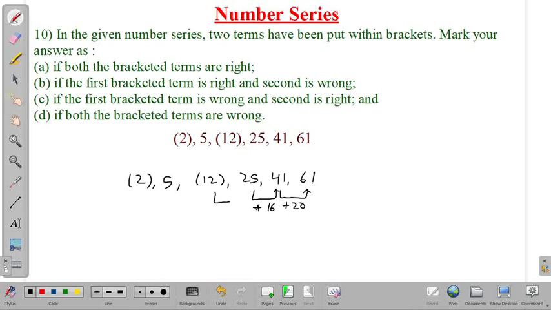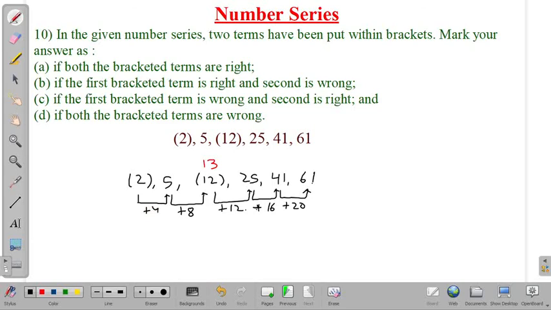Then the differences would be plus 4, plus 8, plus 12, plus 16, plus 20. If we add 8 to 5, we get 13. And if we subtract 4 from 5, it should have been 1.